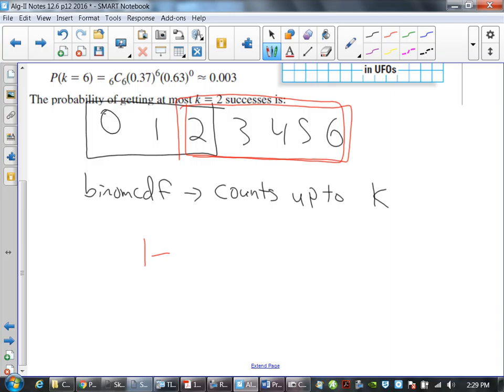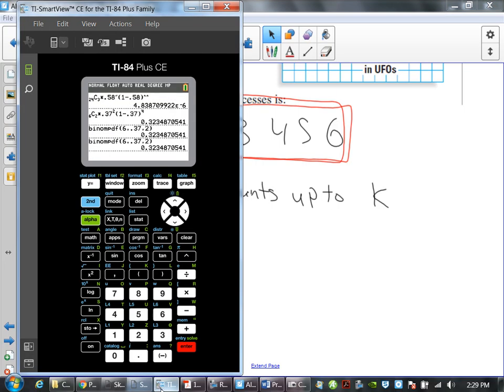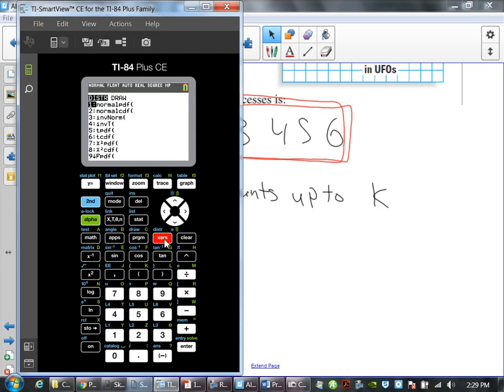So by putting in the CDF, same spot, second, vars, and this one's option B. It's still asking the same things. Trials, it's going to ask you your p-value, it's going to ask you your x value, or in this case, remember x stands for k.